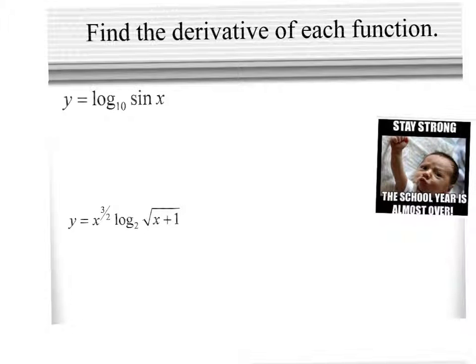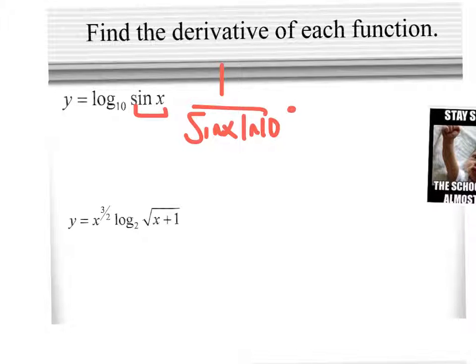What I recommend, guys, for this question is have your other half of your paper open so you can see what the derivative of logs are. But I want to remind you that the derivative of any log is going to be 1 over the value. So if this was x, it'd be 1 over x times the natural log of 10, but in this case it's 1 over sine of x, because that is our value there, times ln of 10.